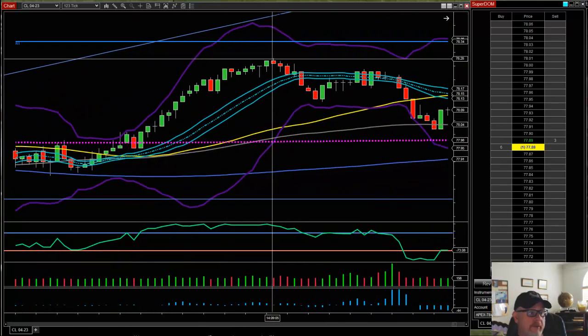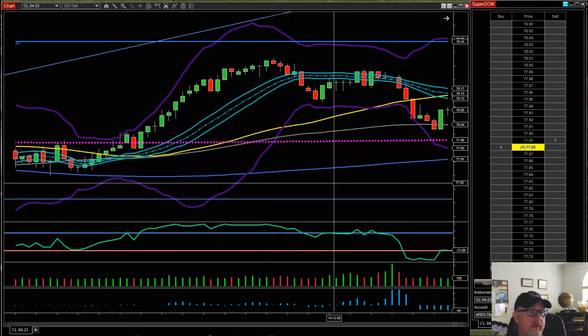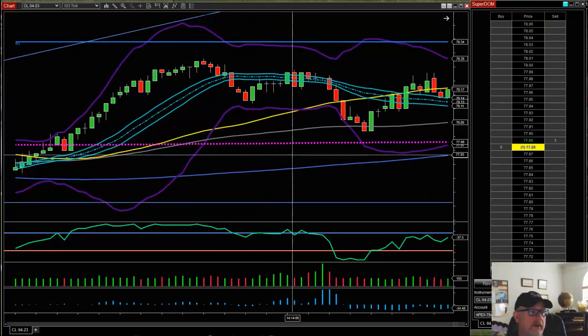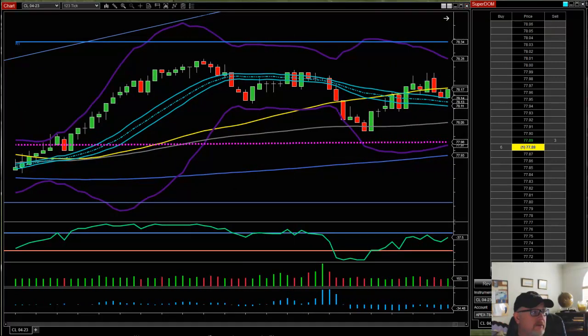This is actually an even better setup at the 2 o'clock mark, really better overall. You have your 77.18 mark. You have your demand supply line cutting through prices roughly right there. You have a very nice setup right here.